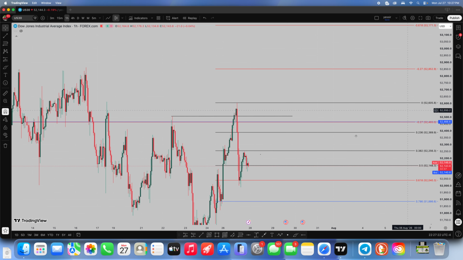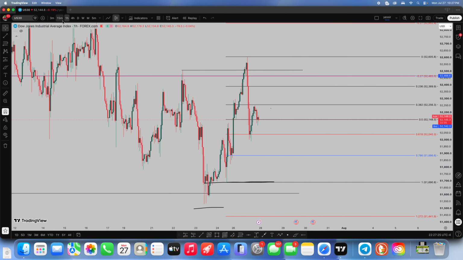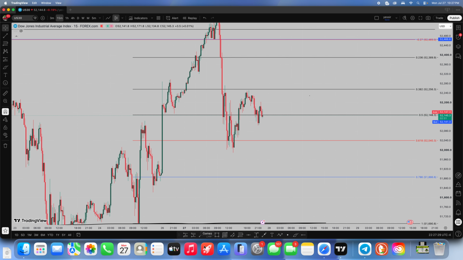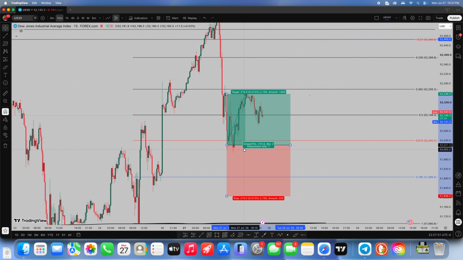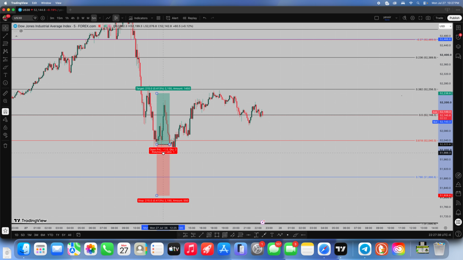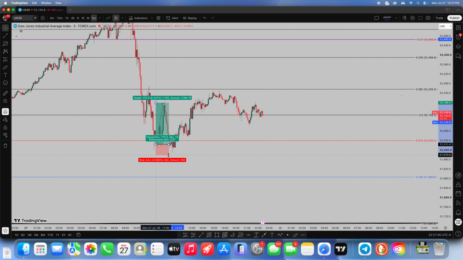Once price came to the 61.80, I took the trade. I caught a 1 to 2. I'll say right here, going to 15 minute, or 5 minute, it was definitely this area right here. It was like a 1 to 2, bro. Nothing crazy. For sure like a 1 to 2.